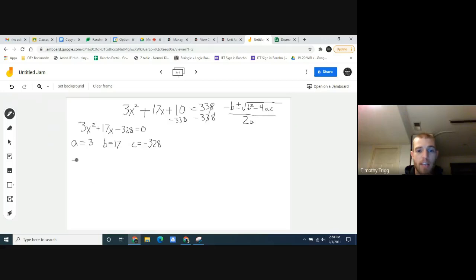Negative b becomes negative 17, plus or minus the square root of 17 squared, minus 4 times a, which is 3, times c, which is negative 328.